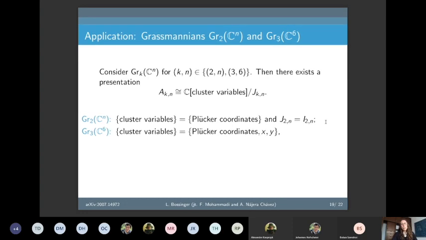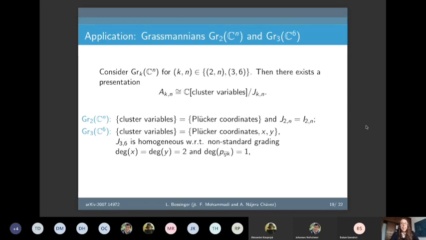But in the case of the Grassmannian Gr(3,6), we've already seen that there are more cluster variables than Plücker coordinates. In this specific case, there are 2 more cluster variables, which I will denote by x and y. And this ideal J_{3,6} is a homogeneous ideal, but homogeneous with respect to a non-standard grading, where all my Plücker coordinates, p_{i,j,k}, are of degree 1 in the polynomial ring, but the coordinates x and y are of degree 2.